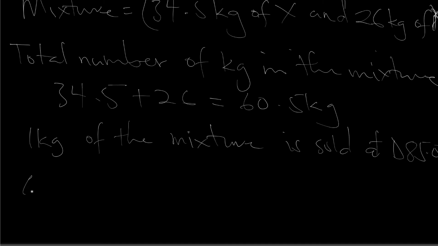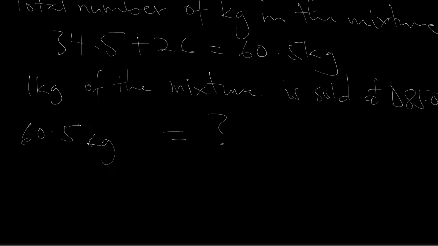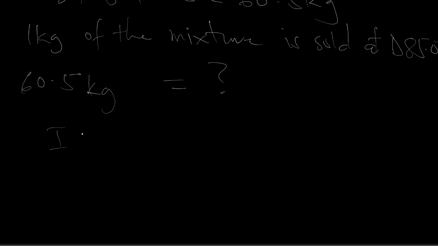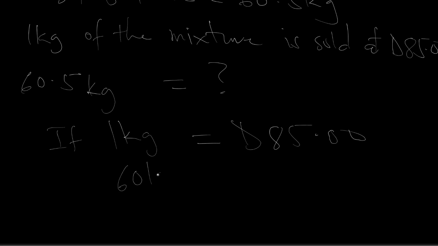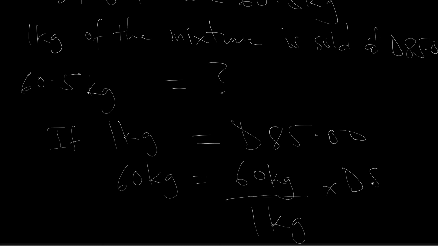So then 60.5 kg should be what? If 1 kg is equal to 85, 60.5 kg should be, if more, less divides, 60.5 over 1 kg times D85.